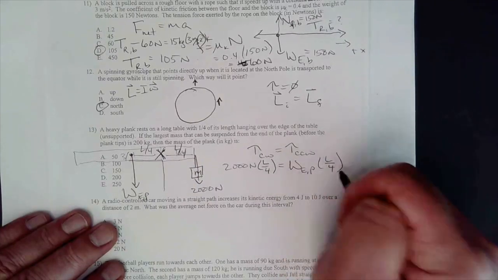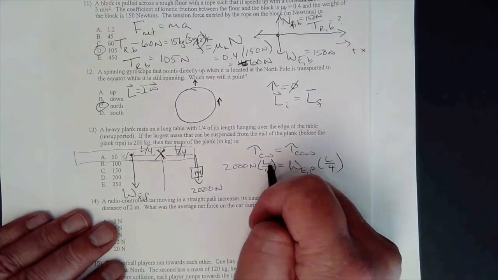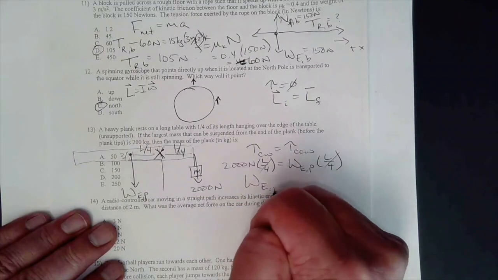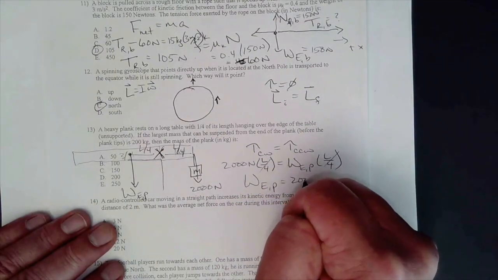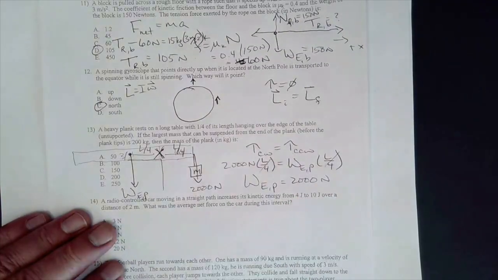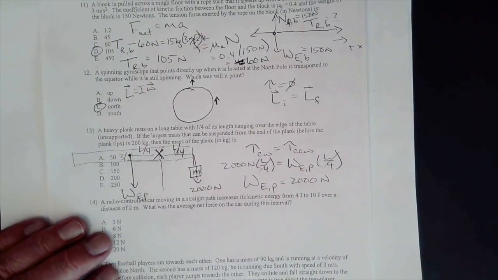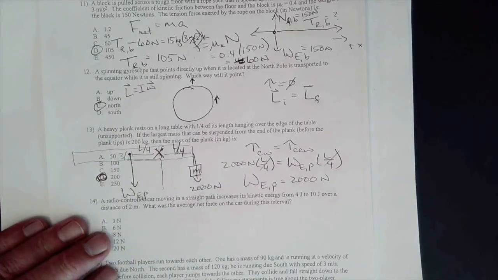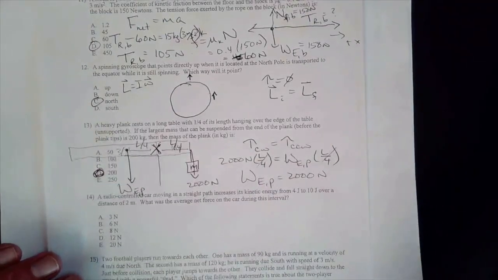And since they have the same lever arm, we see that the weight of the plank is going to be 2,000 newtons, just like the mass that was hanging there. And so it's going to have a mass of 200 kilograms, just like the hanging mass. So that's going to be D.